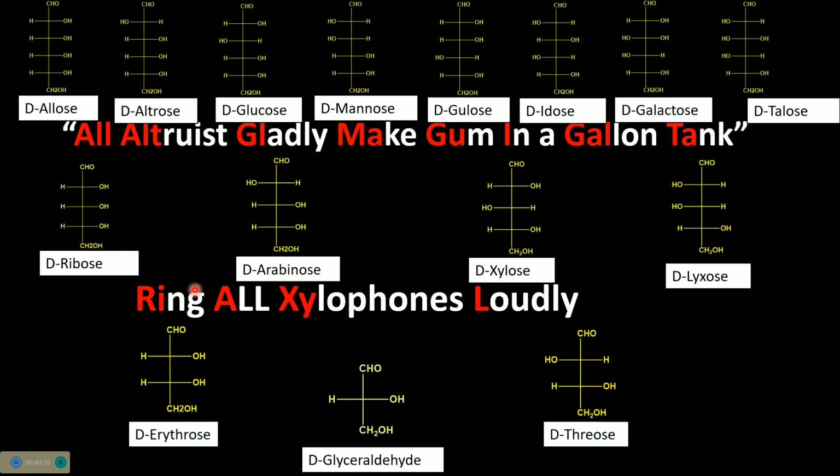For aldopentoses: ring all xylophones loudly, ribose, arabinose, xylose, lyxose. All altruists gladly make gum in a gallon tank: allose, altrose, glucose, mannose, gulose, idose, galactose, talose.